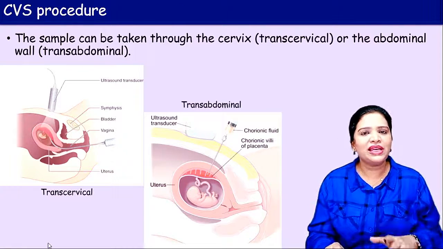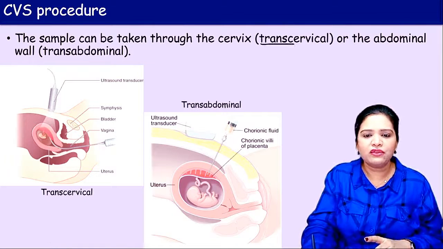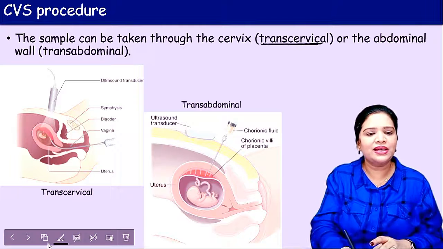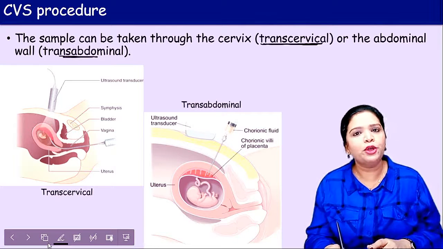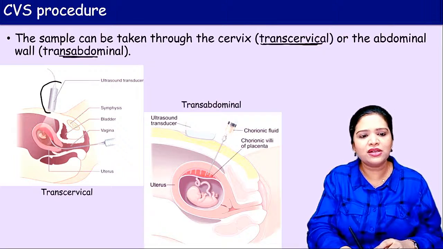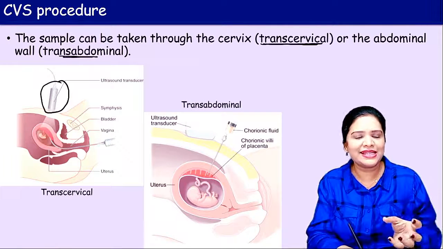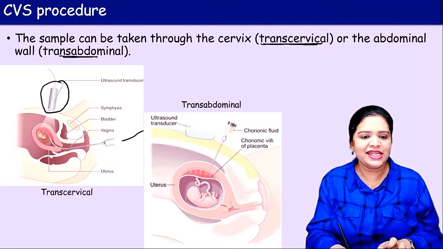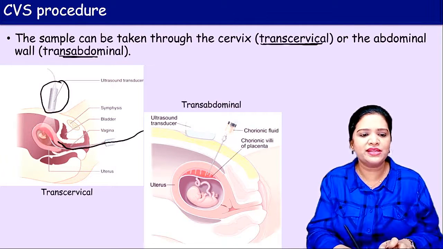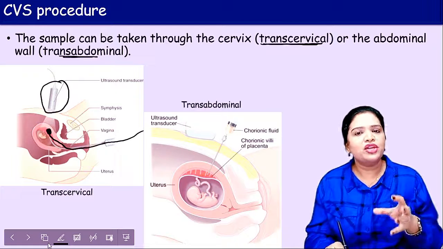Chorionic villi sampling is done in two ways. The first is called transcervical and the second is transabdominal. Transcervical means this one: the doctor uses an ultrasound scanner to detect the fetal position and see where exactly the placenta is, then inserts a needle through the cervix and collects the sample from the chorionic villi in that region.